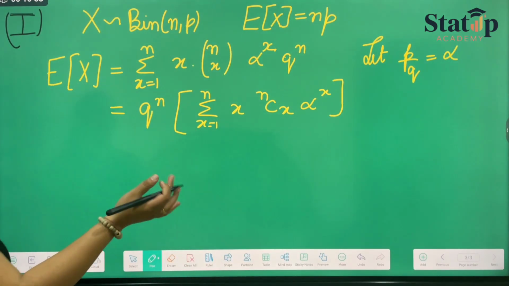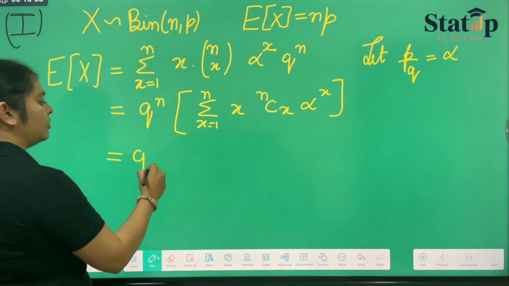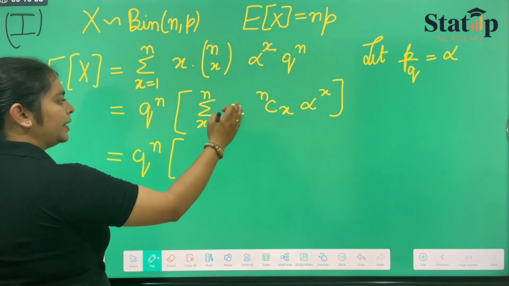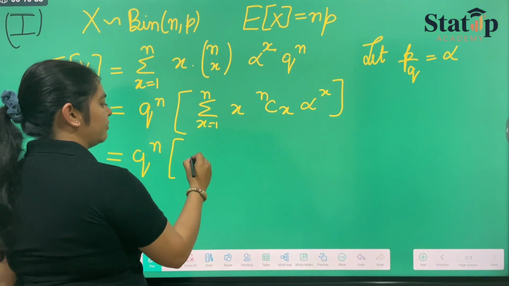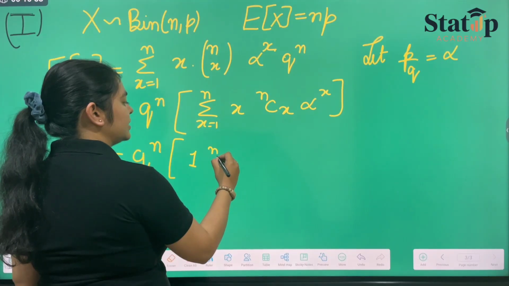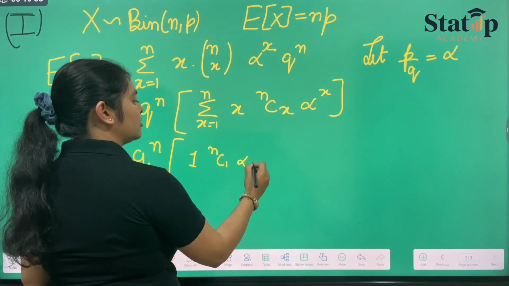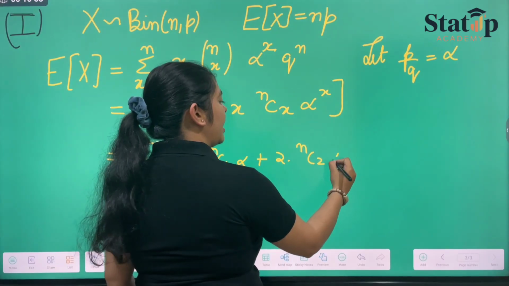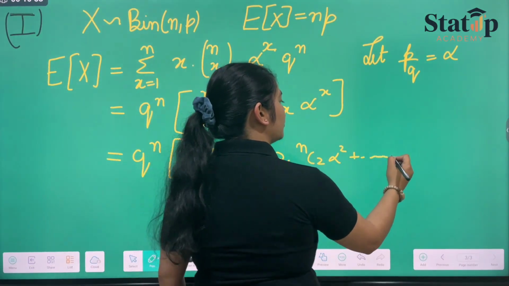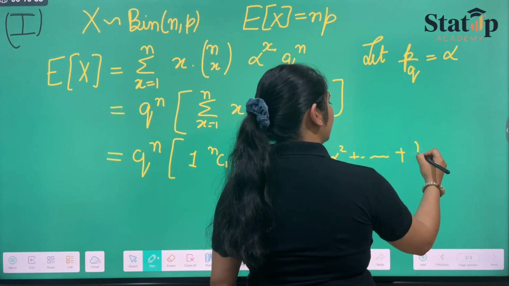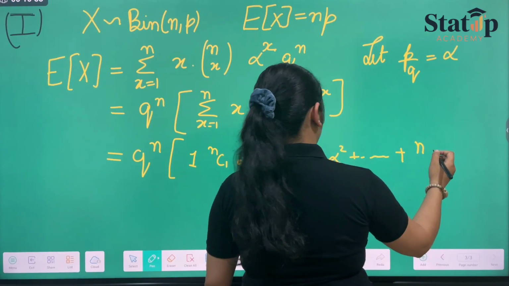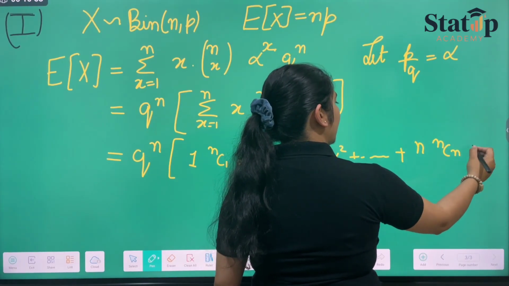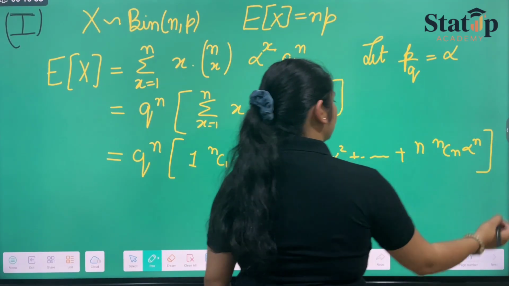We can open this bracket, it will be q raised to the power n times: if we take x equals 1, it will be 1 nC1 alpha raised to the power 1, plus 2 nC2 alpha raised to the power 2, and so on till n nCn alpha raised to the power n.